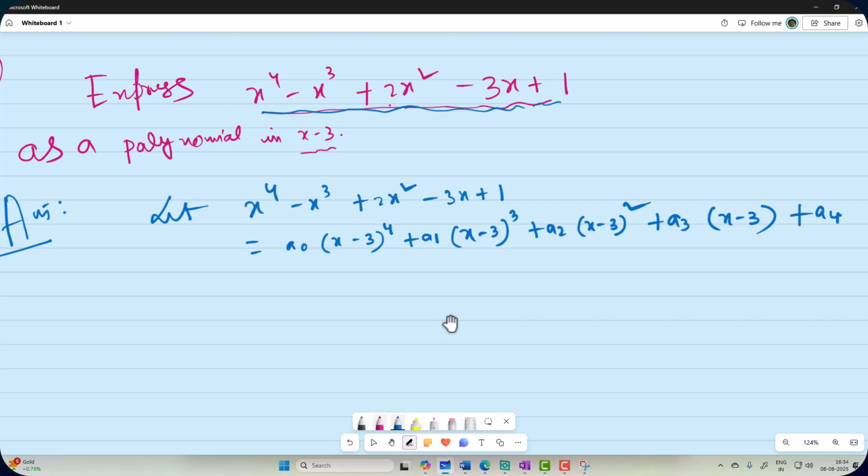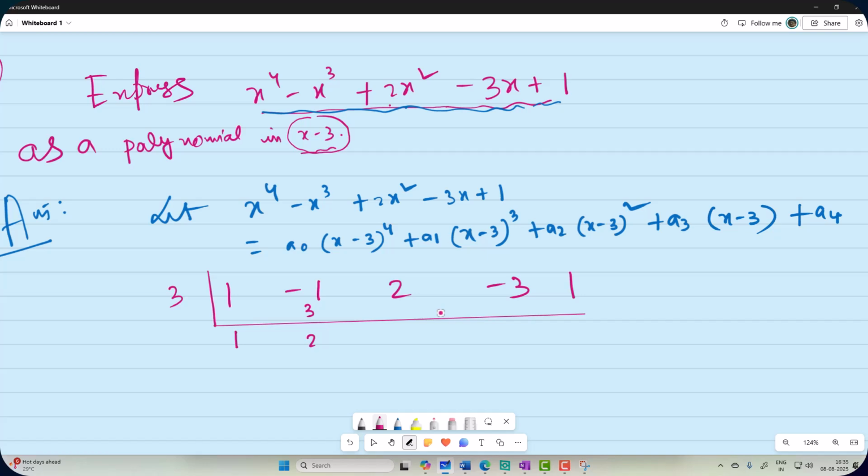What we'll do here first? We'll be writing all the coefficients of this given polynomial: 1, minus 1, 2, minus 3, 1. Then you are dividing by what? This polynomial vanishes when x equal to 3. You'll be dividing by 3. Okay? So without hesitation, this one will come here. 3 into 1 is 3.